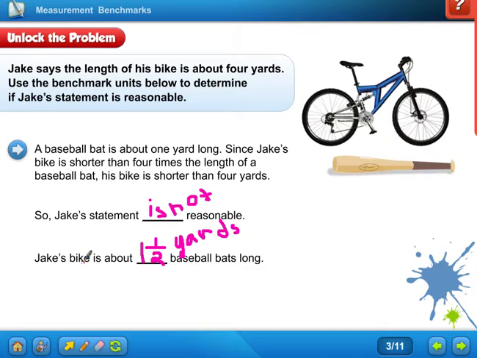I put yards just so you know, but Jake's bike is about 1 1/2 baseball bats long. Again, the baseball bats goes with the yards. All right, let's look at the next one.